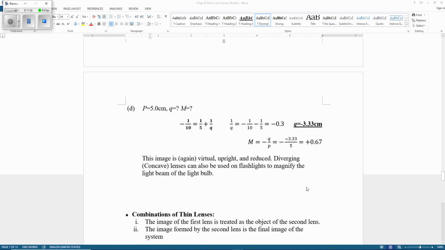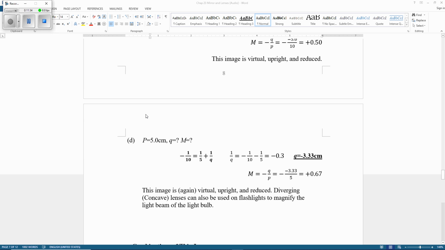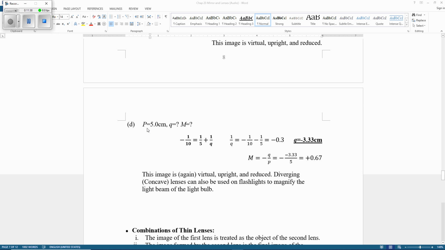So here, third example, this would be part C, sorry. We have p equals 5 centimeters. We want to find q and m. We plug in the numbers and solve for q. Then you find q equals negative 3.33 centimeters.